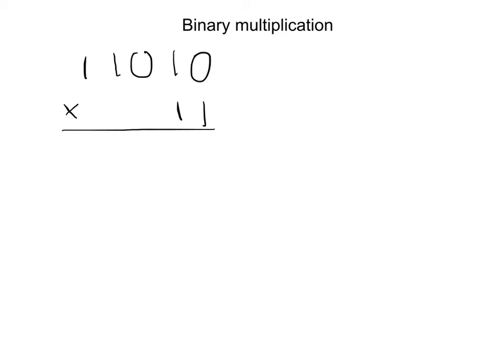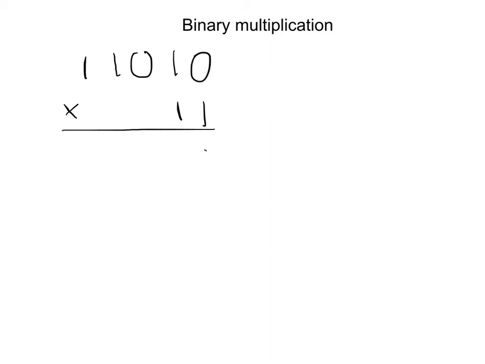Binary multiplication is quite easy because it's almost identical to decimal multiplication. Now let's take the number 11010 times 11. So first I do with multiplying.